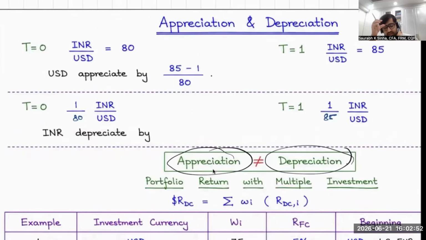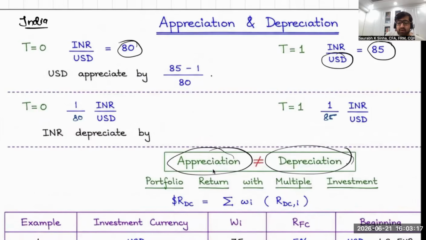Okay, so assume we are talking about INR and USD, and one USD is trading at 80 currently at the time of investment, and after 1 year, one USD is equal to 85 INR. So definitely there is an appreciation. And we are talking from the perspective of an investor from India. So the foreign currency is what?